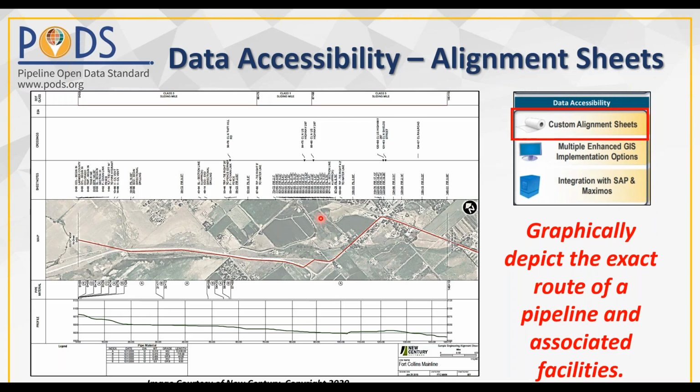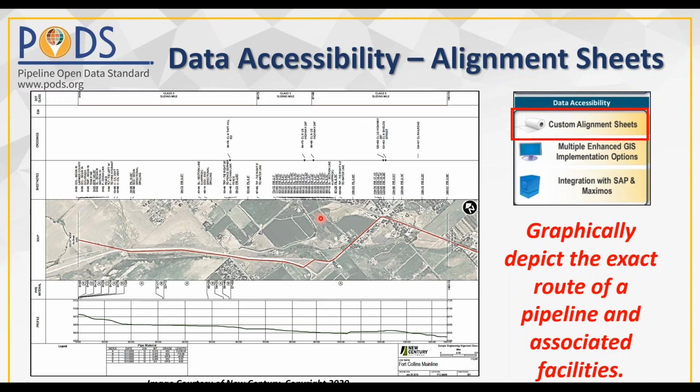So there may be an initial set, maybe during the permitting phase, you'll see one set of alignment sheets with the proposed route and different features surrounding the proposed route and other notations on the sheet. And then once a pipeline is constructed, you'll see a post-construction alignment sheet, which is really important, certainly for repair purposes and inspection purposes.